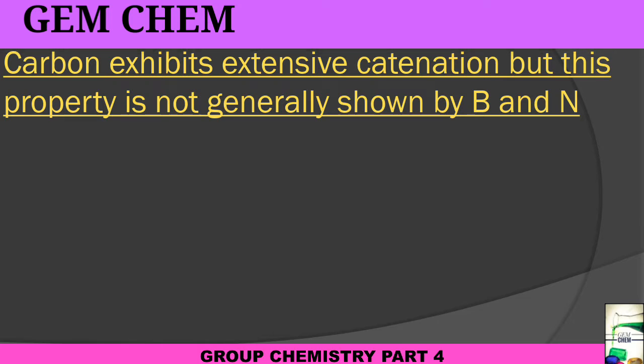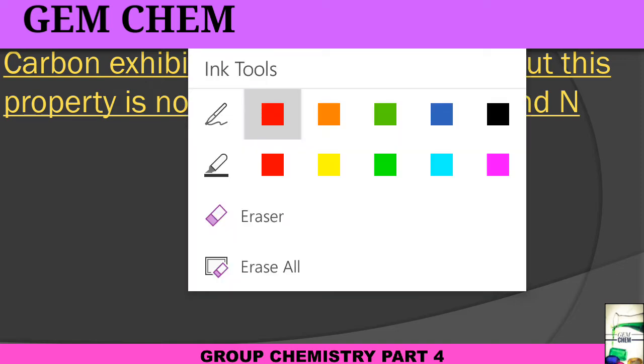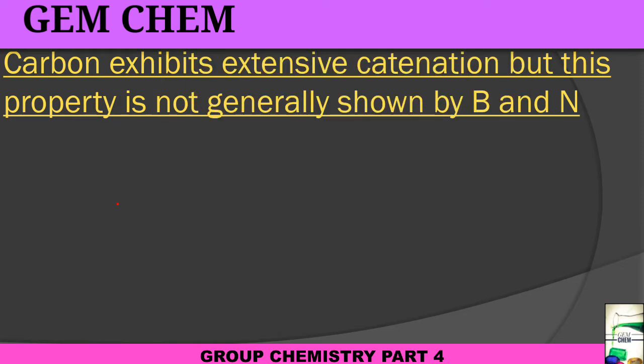Now let us start. First of all, why does carbon exhibit this catenation? If you remember, in the case of nitrogen, we can observe that nitrogen has a lone pair in it, right? When it bonds with another nitrogen, there is a probability of lone pair repulsion, so this bond is not very stable.